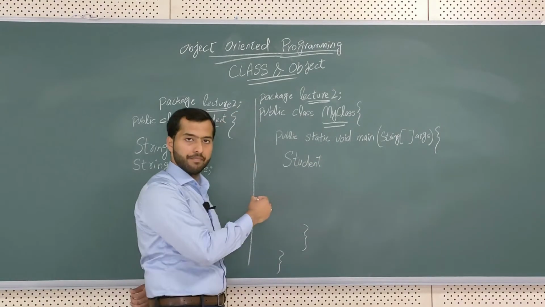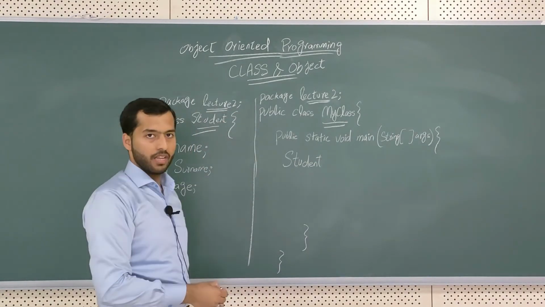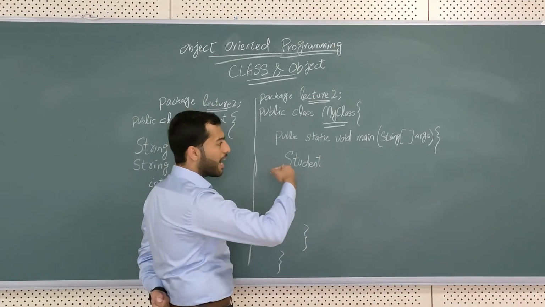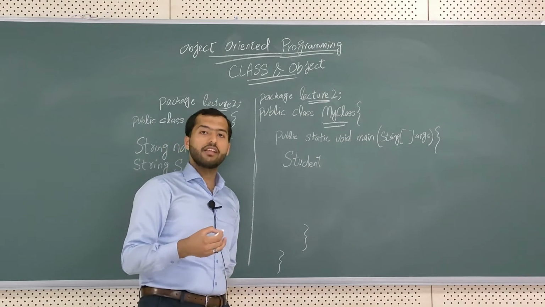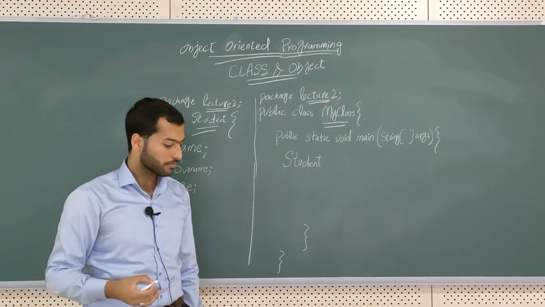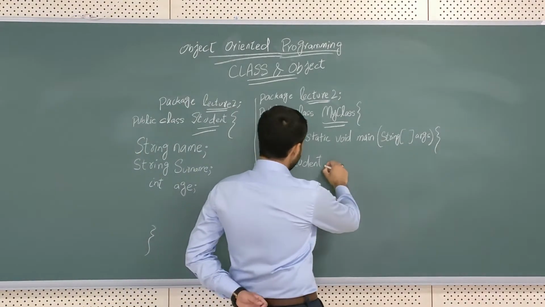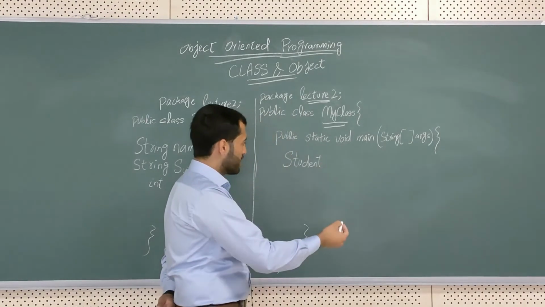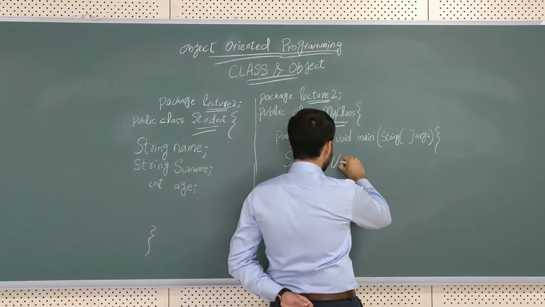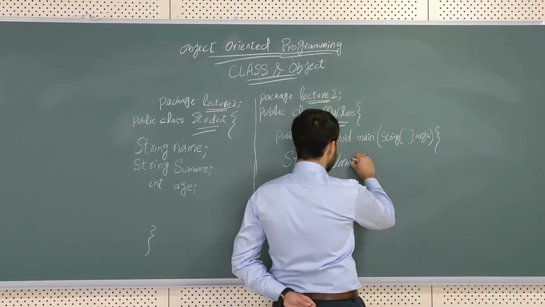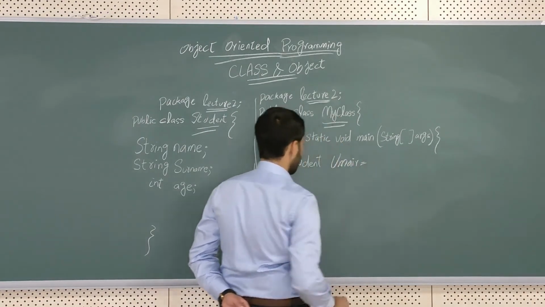That one is the name of the class, student. After that, I will give any name to that object. That is your choice, whatever name you want to give. So here I will give a name. For example, my name is Umair, so I will give the name Umair.